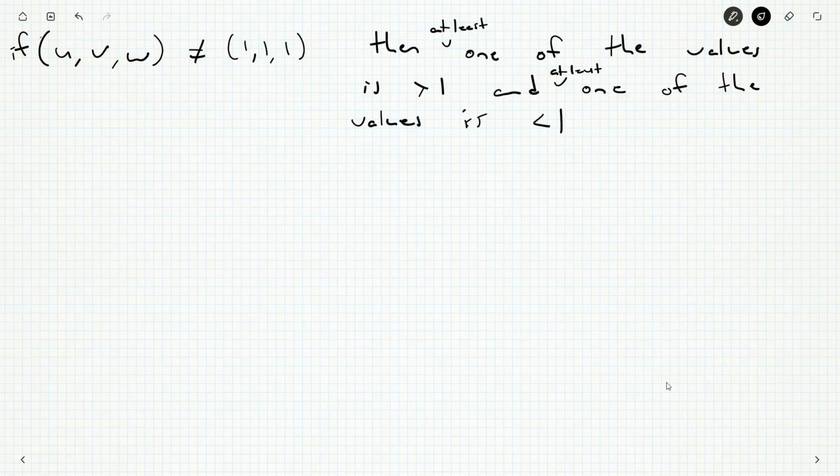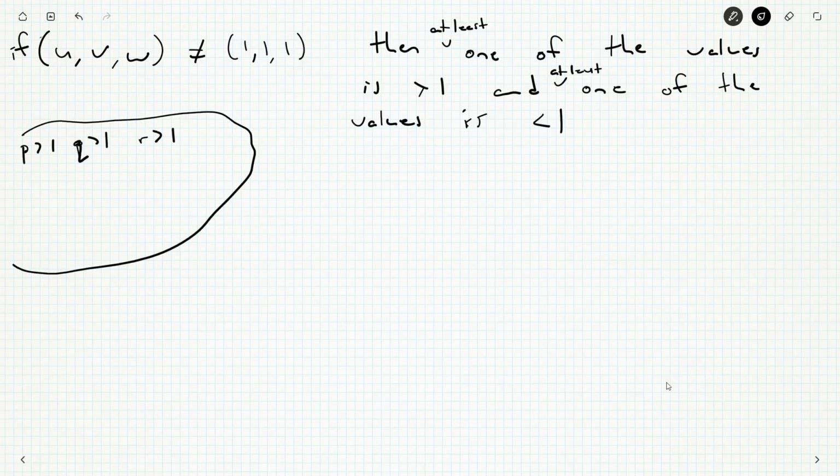Okay? If you wanted to, you could prove this: if p is greater than 1, q is greater than 1, and r is greater than 1, then pq is greater than 1, and pqr is greater than 1. So how could their product be equal to 1? That's the idea.